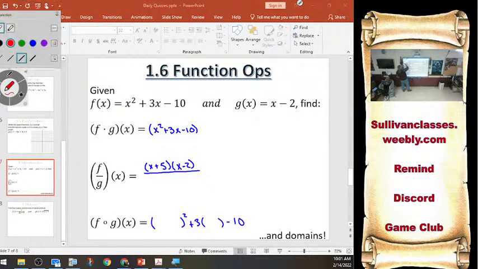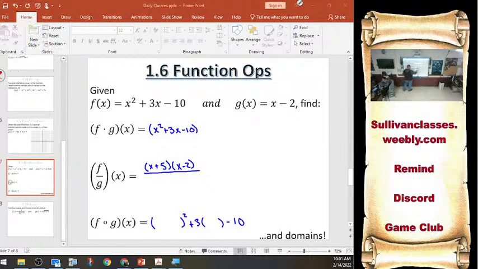F does this stuff. G does this stuff. So, round one, F times G. Just take the F rule times the G rule.